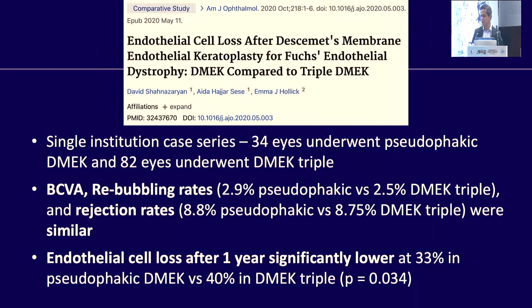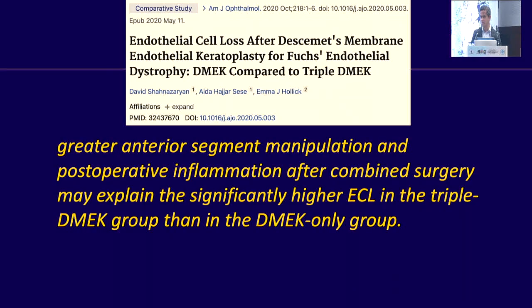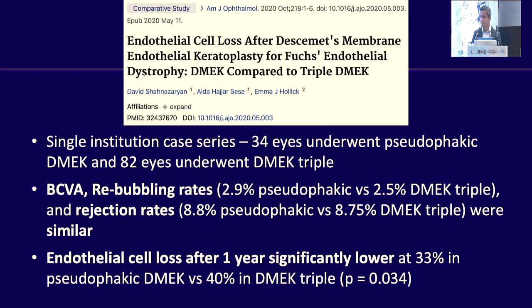Another study published in 2020, with small case numbers, actually found the endothelial cell loss at 1 year was significantly lower at 33% in pseudophakic DMEK versus 40% if you combine. Funny though, because the rebubbling rates were really low and comparable between the two groups. So when I read the paper, I couldn't really find a reason why there would be a difference in endothelial cell loss.